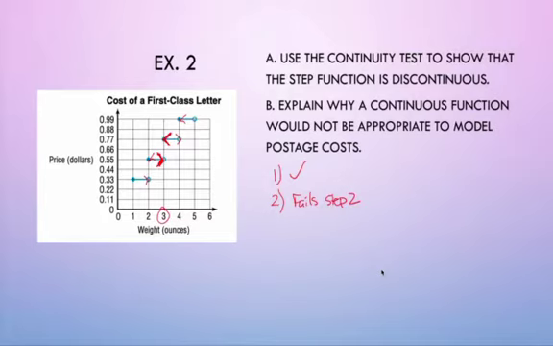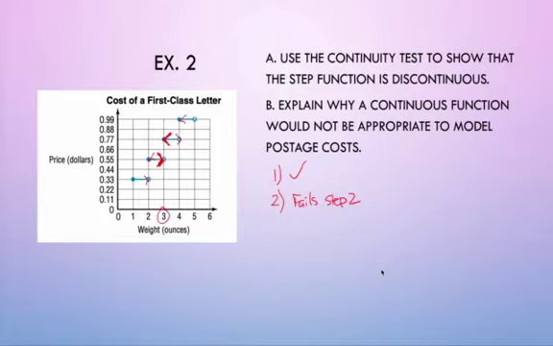Why would a continuous function not be appropriate to model postage costs? Well, we can't have fractions of pennies, right? A continuous function would have to take all y values, and so we would possibly have a letter that weighs 3.179283 ounces, and we would have a price in dollars of $0.794382.